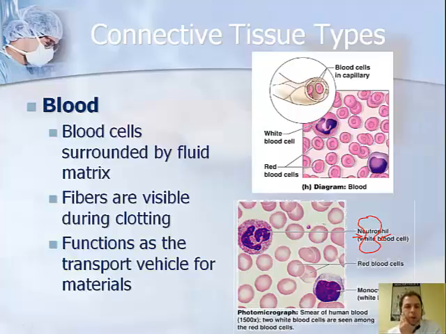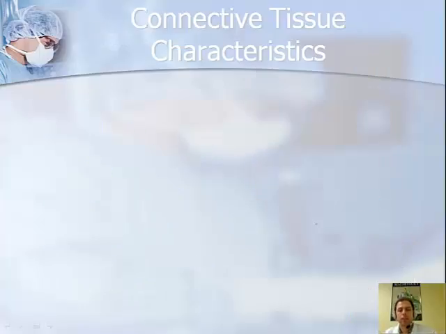And these red blood cells form a type of connective tissue that is necessary for transporting substances in the body. But in addition to the actual blood cell itself, the erythrocyte, we have fibers that are visible during clotting, and we also have platelets and plasma that are surrounding it, this watery liquid that's on the outside.